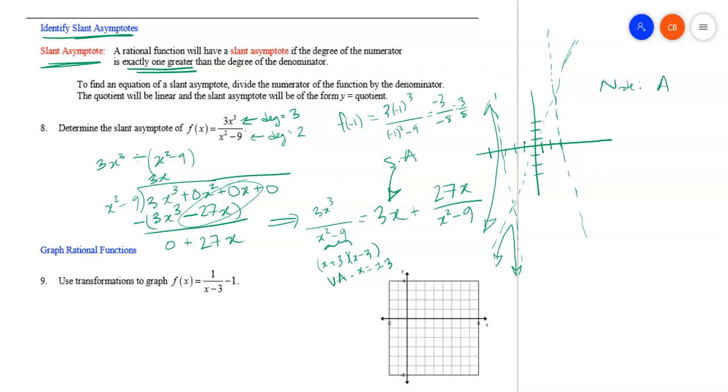It is possible for a graph to cross a horizontal asymptote, and it also can cross a slant asymptote. A function will never cross through a vertical asymptote. That's the point. And so here we can get all kinds of different shapes where we might be actually passing through this slant asymptote when we're in here in between these two vertical ones. And so that's always a possibility to think of.